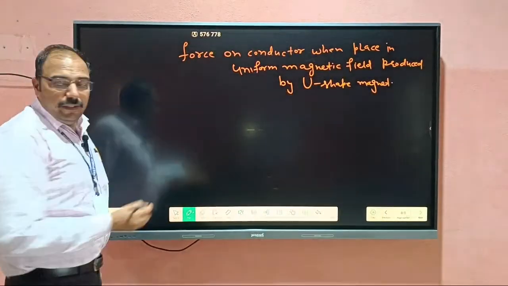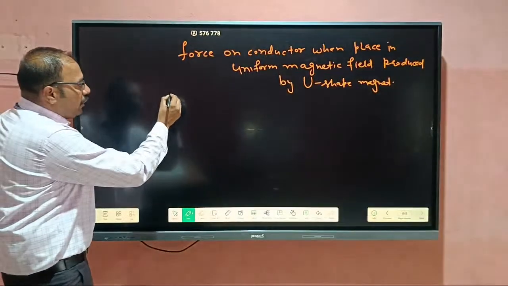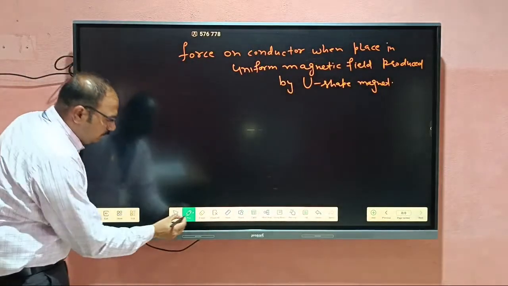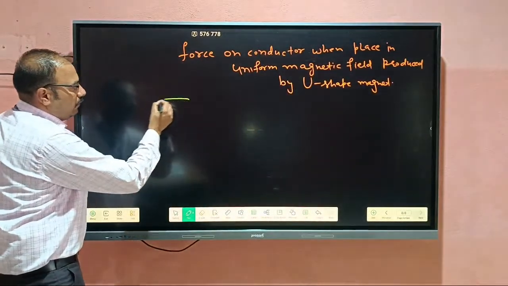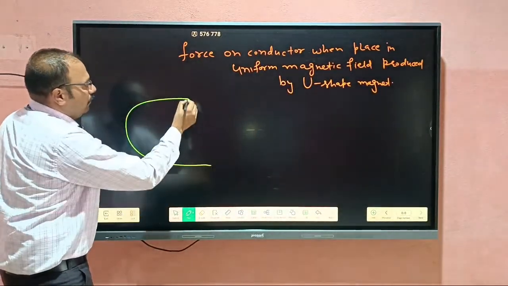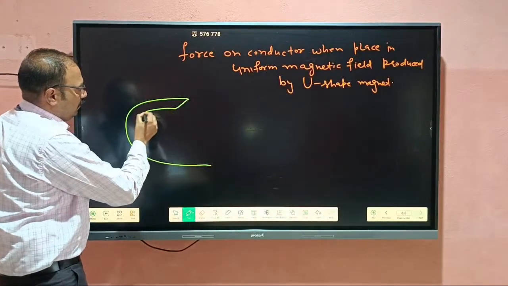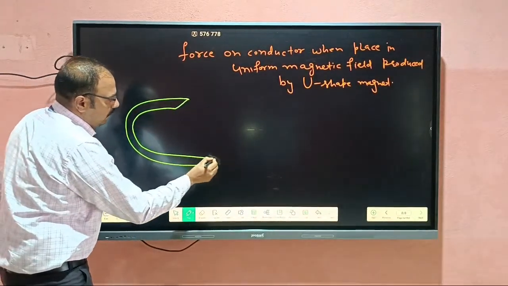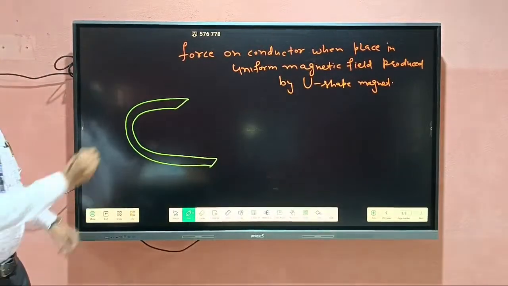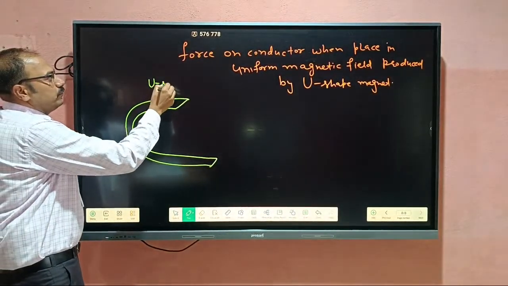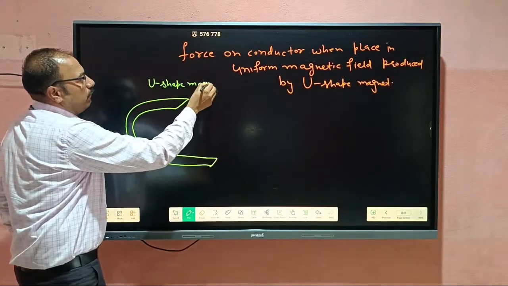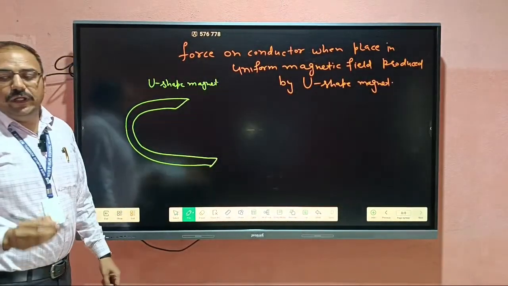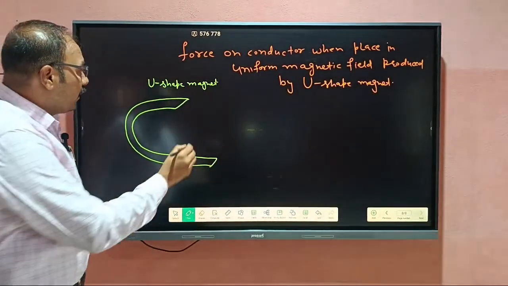So for example, this is a U-shaped magnet, and here we take a conductor, like this.